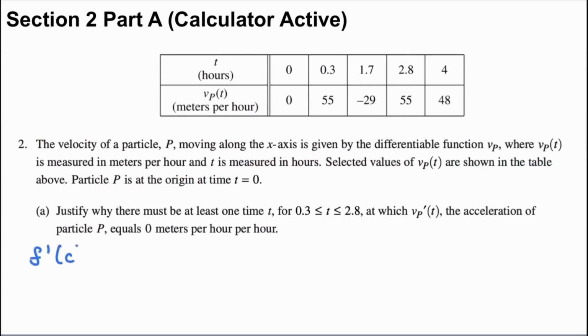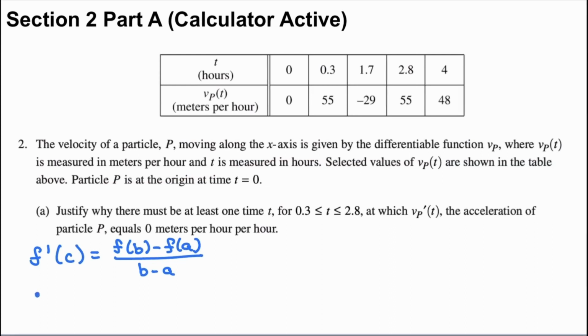It's f prime of some number c is equal to f of b minus f of a over b minus a, basically stating on a closed interval, there's going to be at least one point in which the derivative or the slope of the tangent line is going to be equal to the slope of the secant line or the average rate of change.